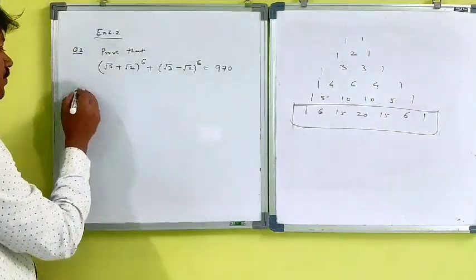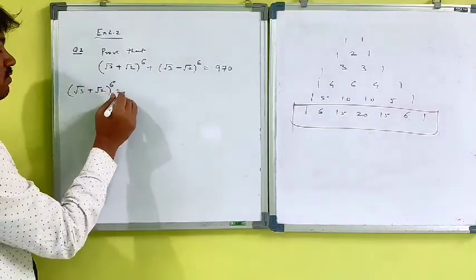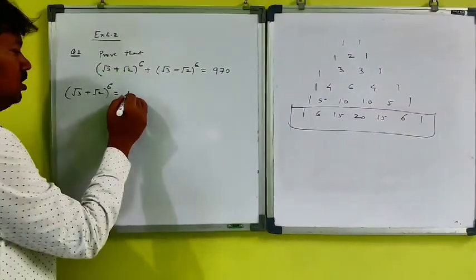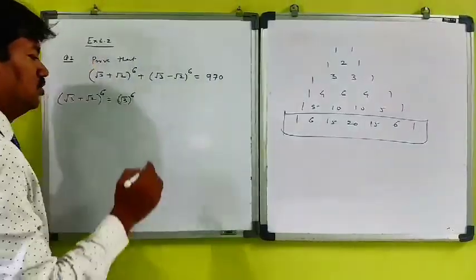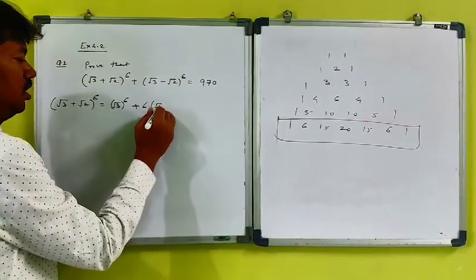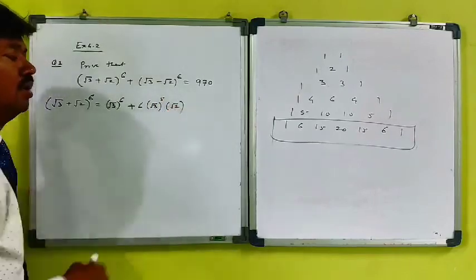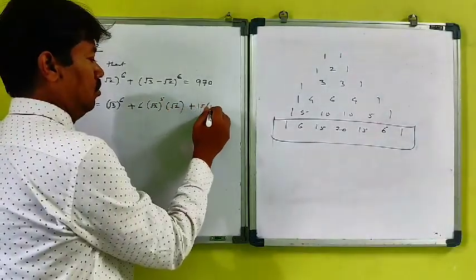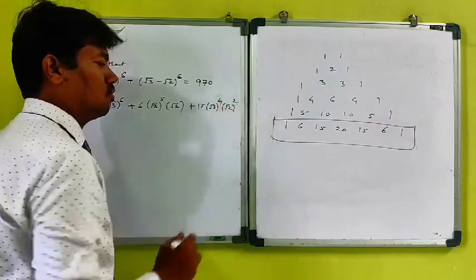So here for root 3 plus root 2 raised to 6, that will be what? The power of the first term goes on decreasing. So it is root 3 raised to 6. Next, look at the coefficient. The next coefficient is what? 6. Decrease the power: root 3 raised to 5, root 2 raised to 1. After that, 15, root 3 raised to 4, root 2 square.